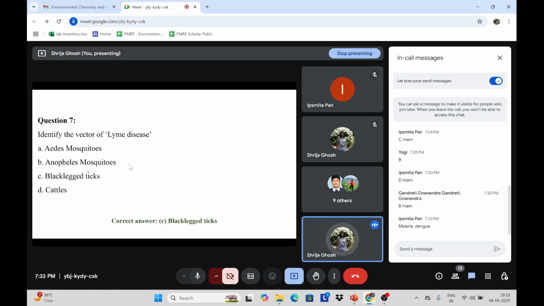Yes, malaria, dengue. So the Anopheles mosquito is the one that carries the malarial parasite, and the Aedes mosquito is the one that carries the dengue virus. So the bite of the Aedes mosquito can cause dengue, and it can even cause Zika.